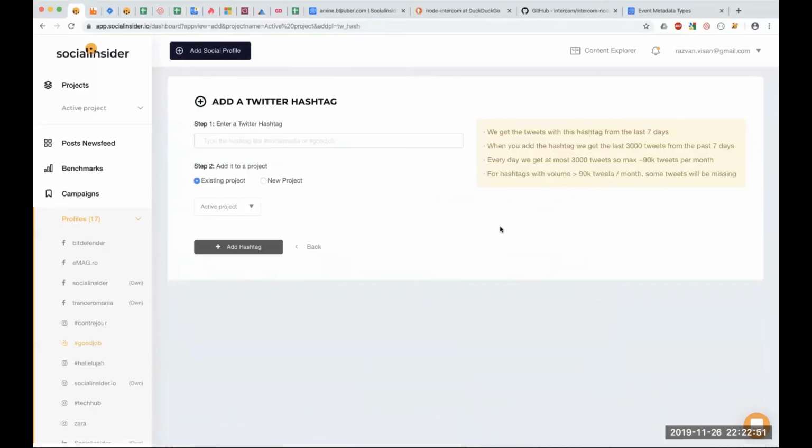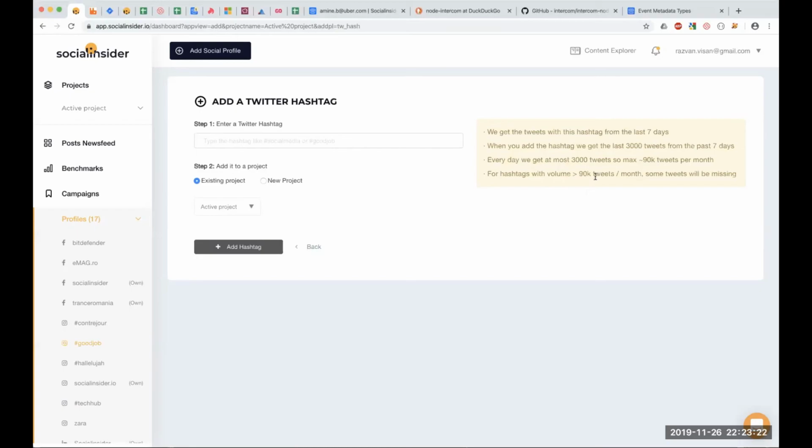And the limitations for Twitter hashtags are pretty simple. Only the tweets from the last 7 days, and we'd get 3K tweets from these past 7 days. And each day we would get at most 3K tweets. So that means about 90K tweets per month. If you have a high volume hashtag with more than 90K tweets per month, some tweets will be missing, but that's rarely the case.